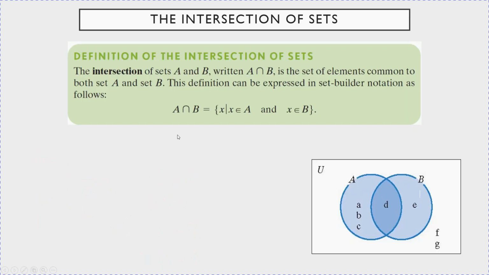All right, now let's talk about what's called the intersection. The intersection of sets A and B is written as A ∩ B, and this notation means intersection. A intersection B is the set of elements common to both sets A and B. So it's the elements that occur in both sets.